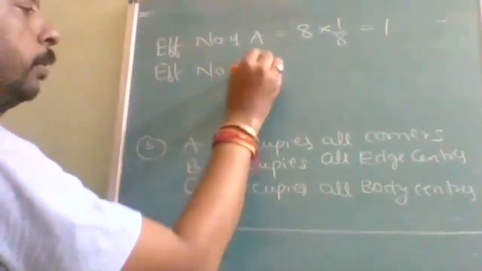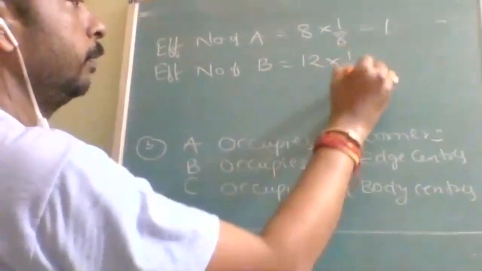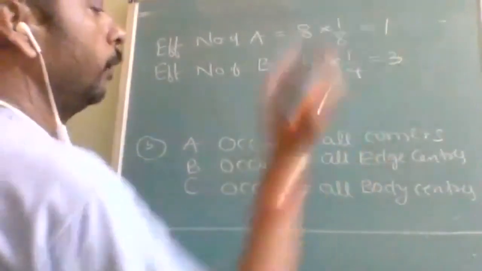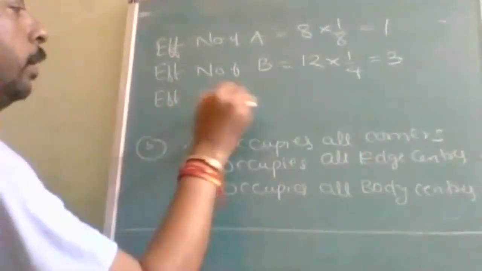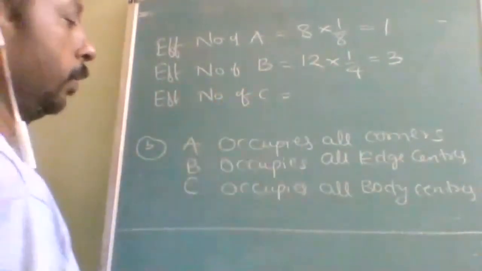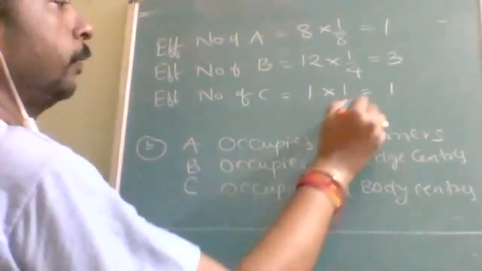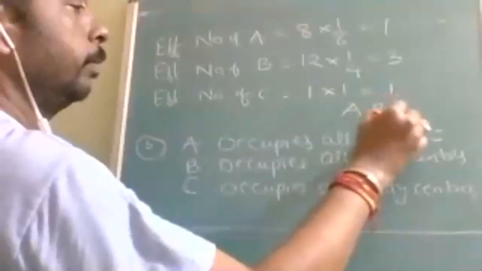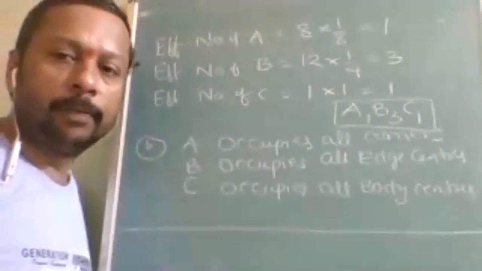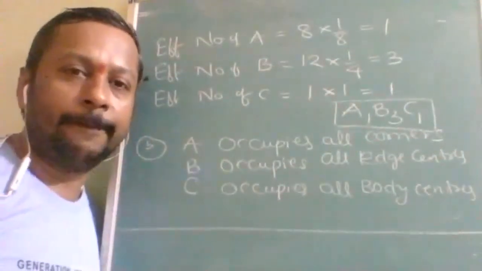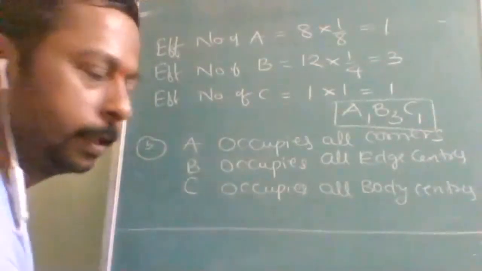Effective number of B: 12 edge centers, contribution is 1 by 4, therefore it will be 3. Effective number of C: only one body center, contribution also 1. So the formula will be A1, B3, C1. The empirical formula is AB3C. Is it clear now?